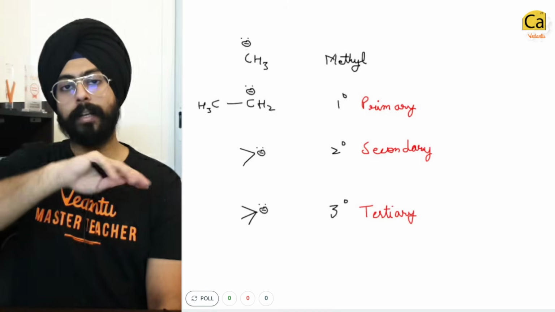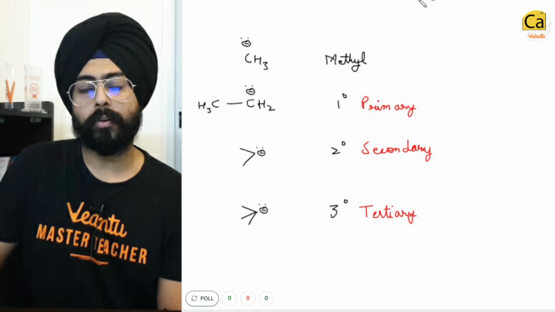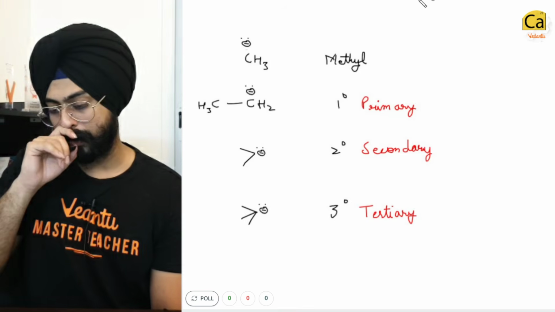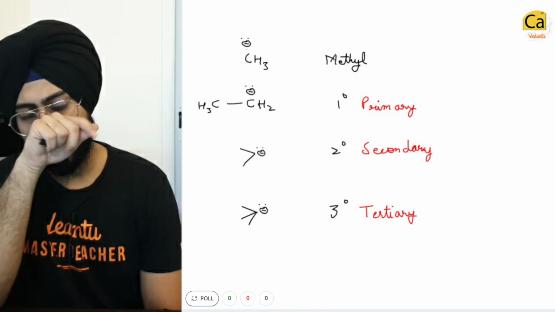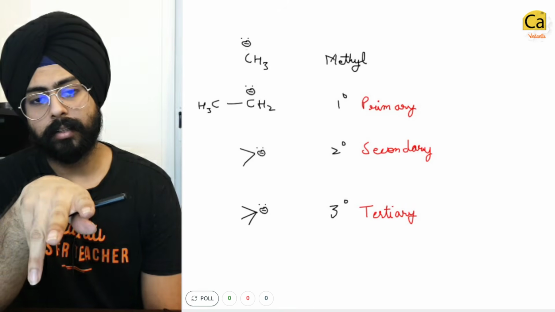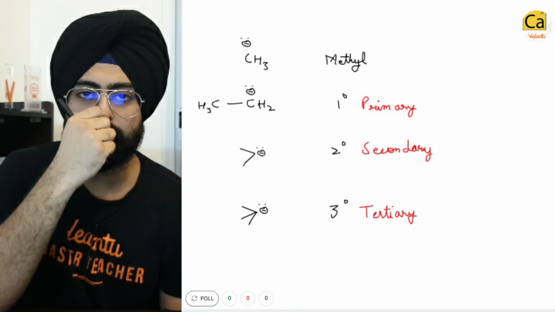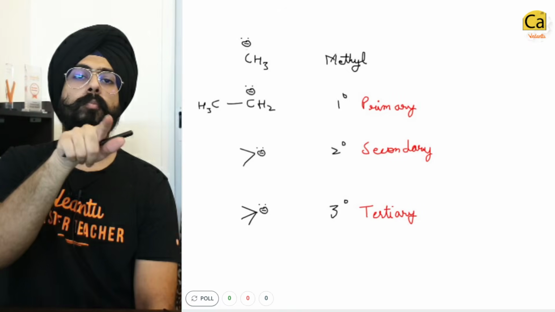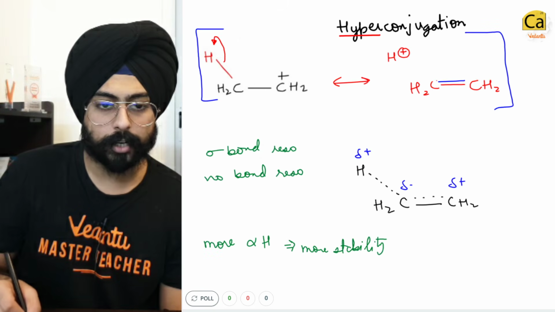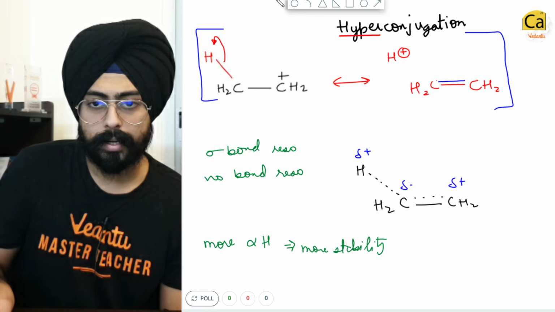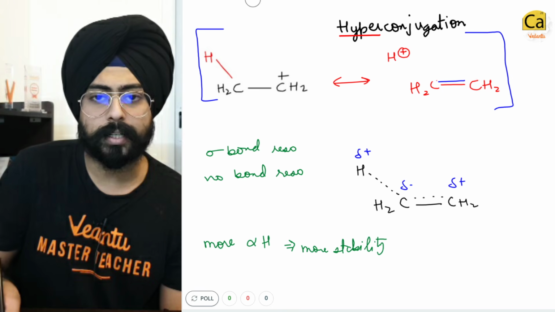Now going to carbanions. If we talk about carbanions, do you realize that hyperconjugation cannot give them stability? Because in hyperconjugation, the hydrogen bond breaks and gives the carbon atom the electron. Here, where we have broken the bond, I accidentally made the opposite arrow over here.